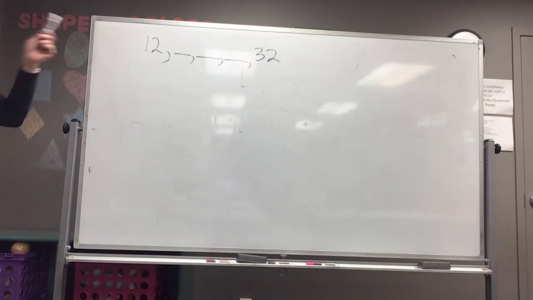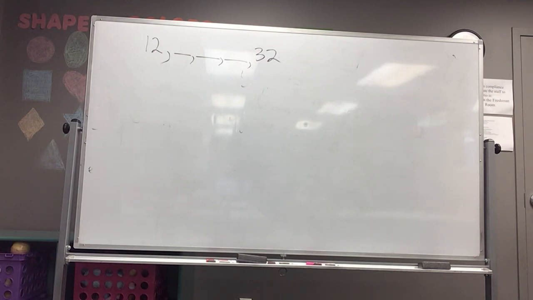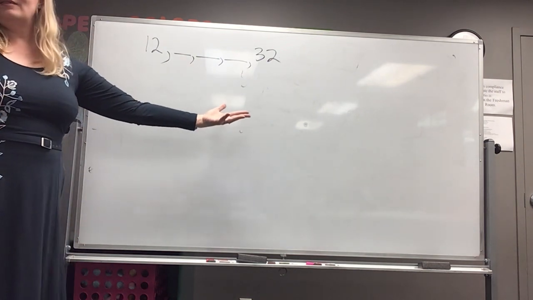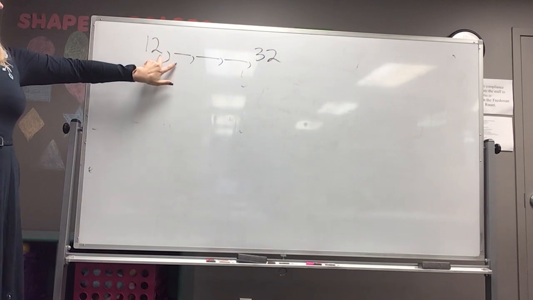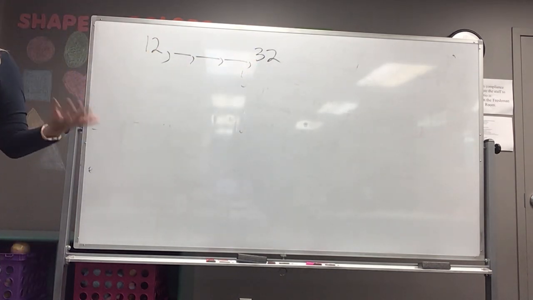So, the question is, what 3 numbers should be placed in the blanks so that the difference between consecutive numbers is the same? So when we had the sequence, we just found the difference between 2 numbers and then checked to make sure it was the same on all of them, but we could find that common difference.